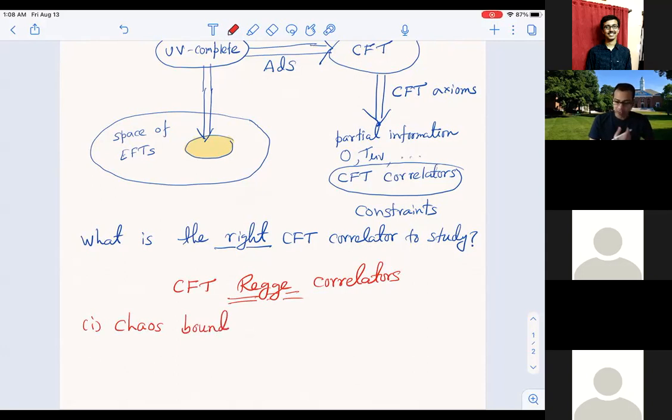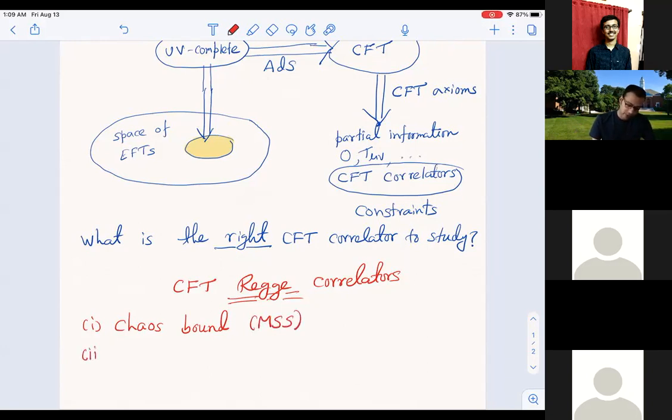But there can be other constraints as well. So we know that probably if we study the CFT Regge correlator, we may derive some interesting constraints which are similar to the chaos bound by Maldacena, Shenker, and Stanford.